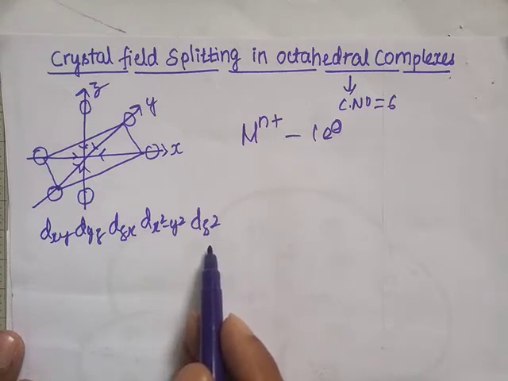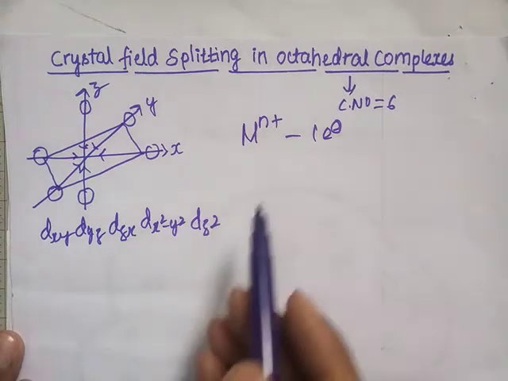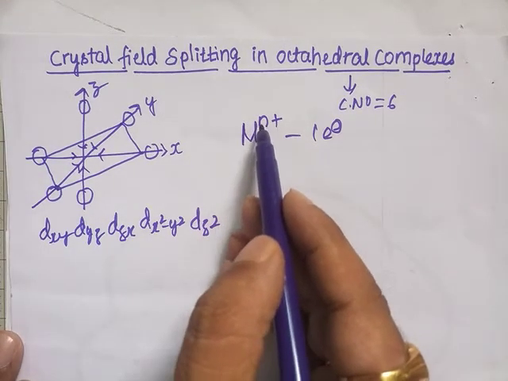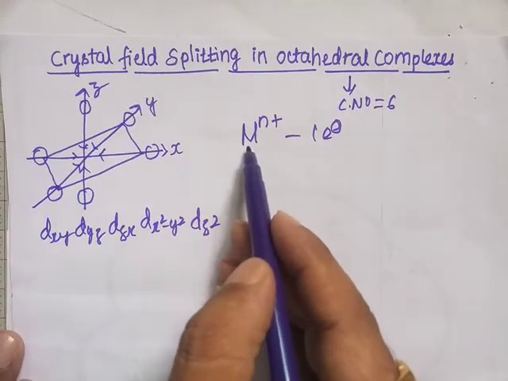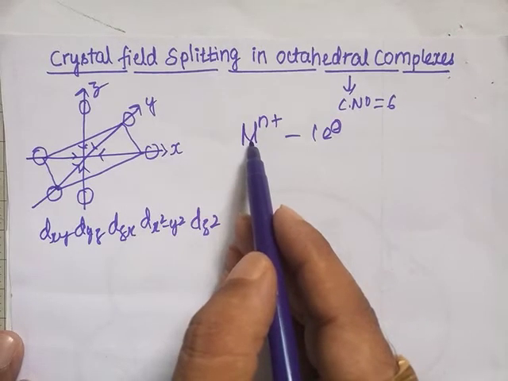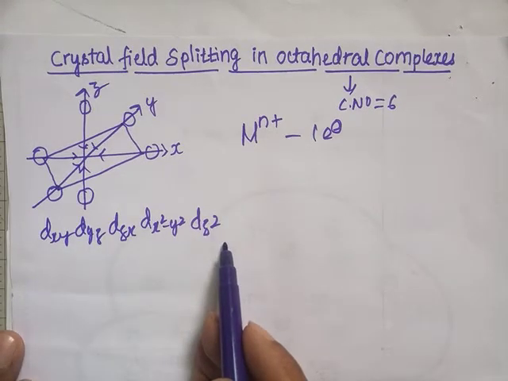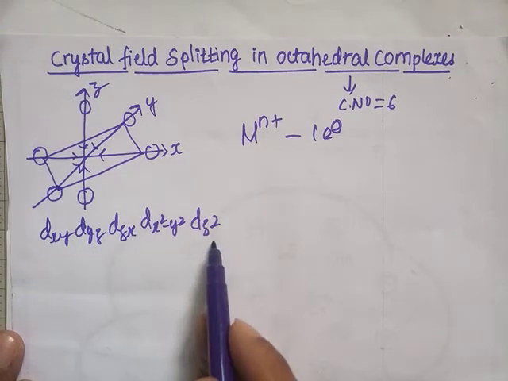That means they are degenerate orbitals.